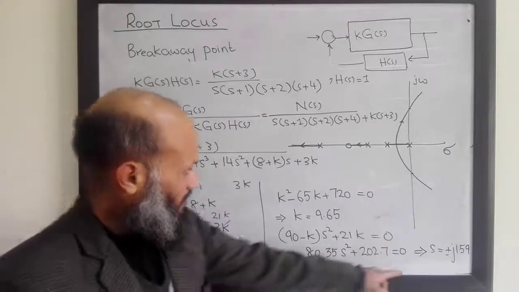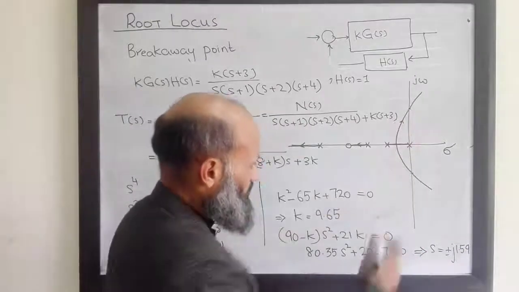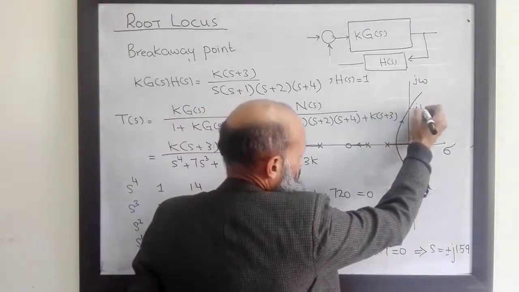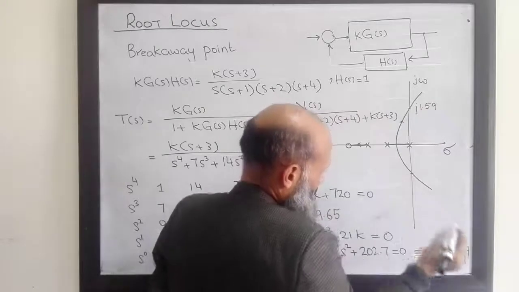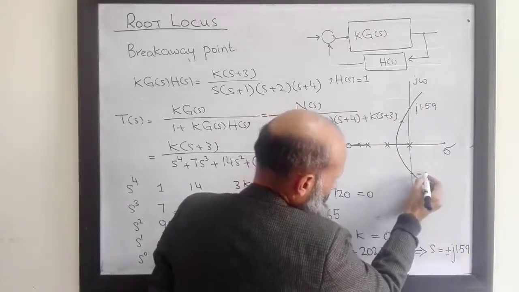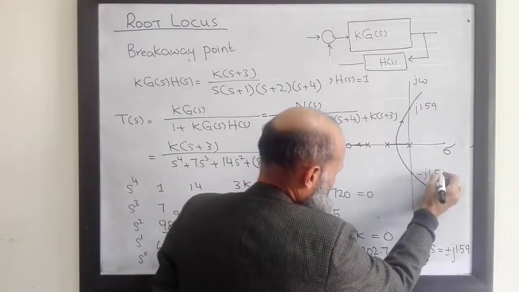So this point is equal to j1.59 and this point is minus j1.59.